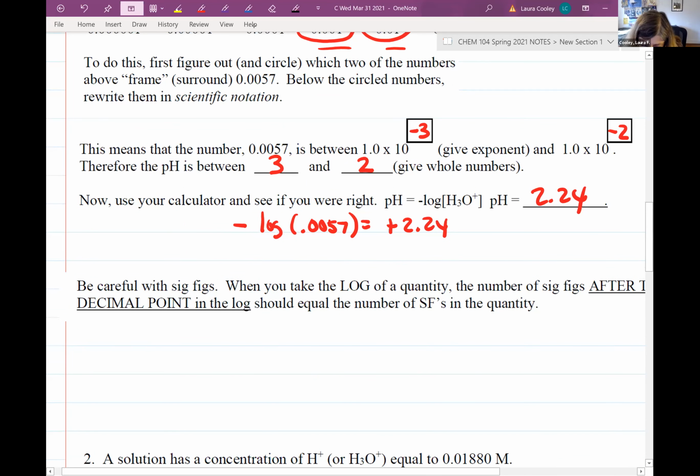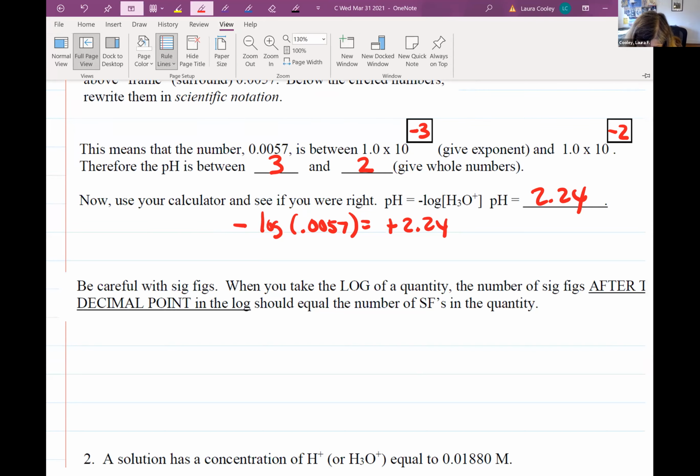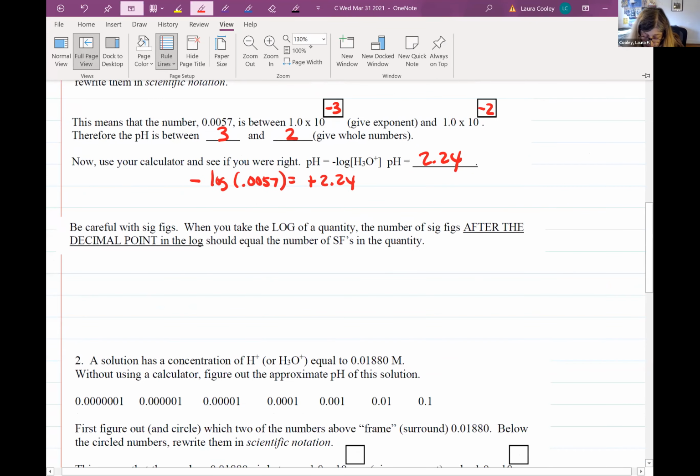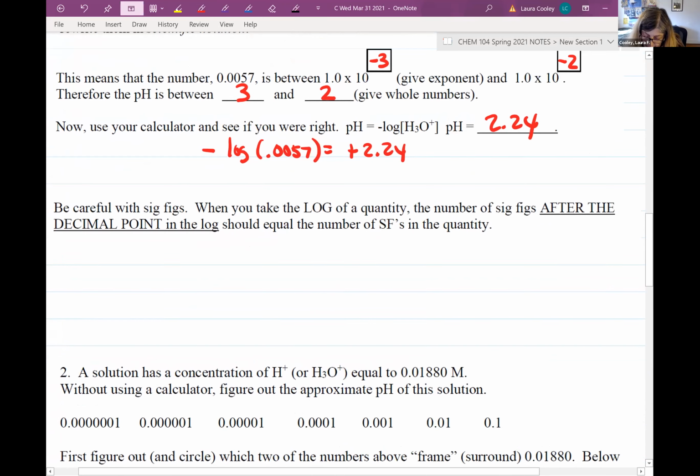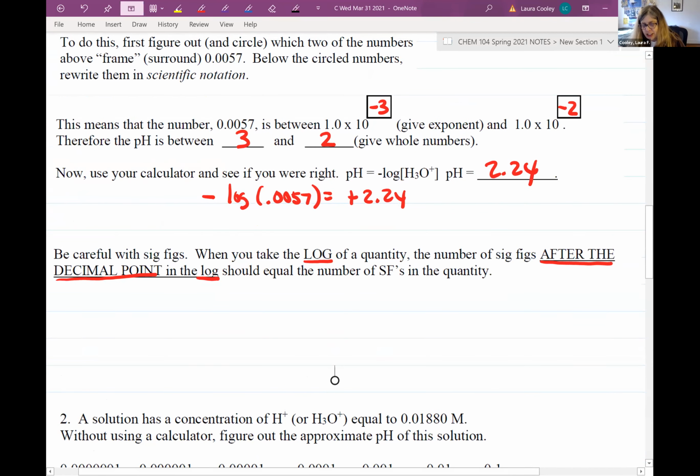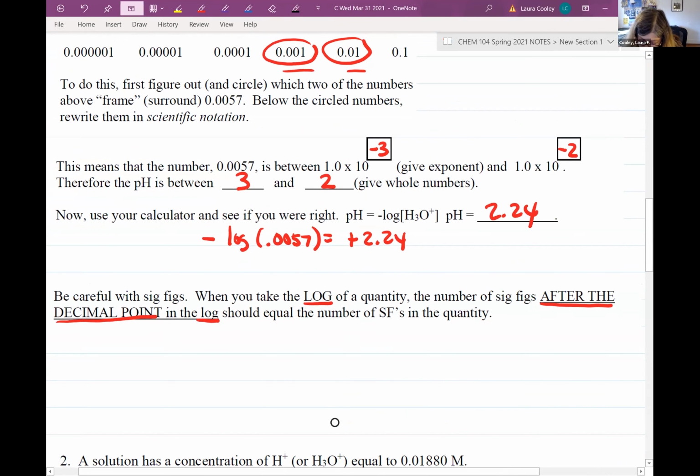But I do want to mention this little detail here, which is about significant figures. And here it is. When you take the log of a quantity, the number of digits after the decimal point in the log will equal the number of sig figs in the quantity. So over here, let's take a look.